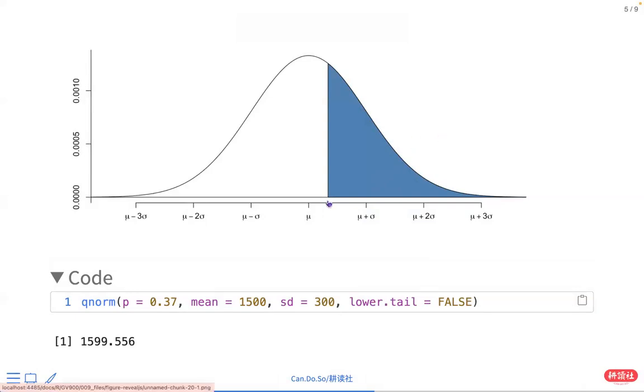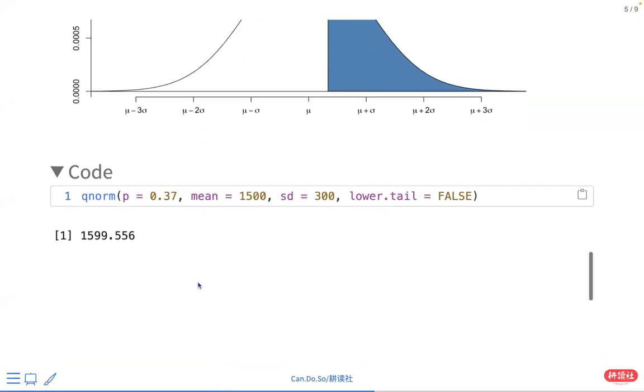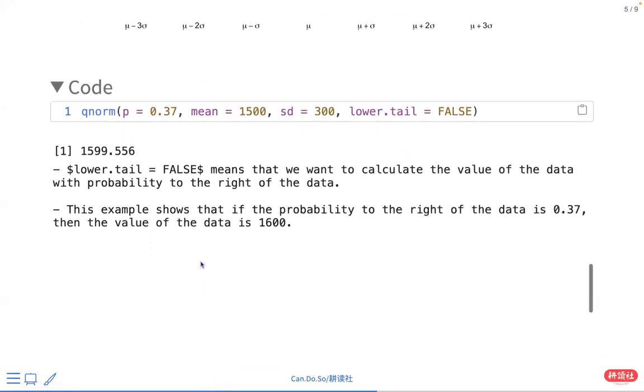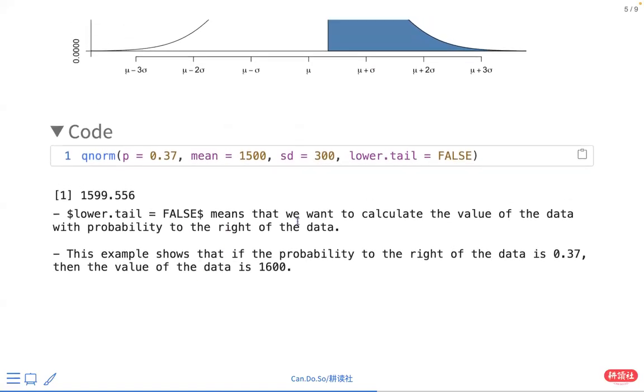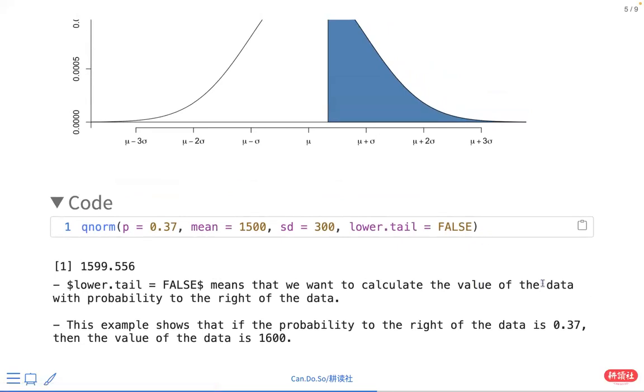Because here is 1,500, so a little bigger, it's about 1,600. Lower.tail equals FALSE means we calculate the value of the data with the probability to the right of the data.